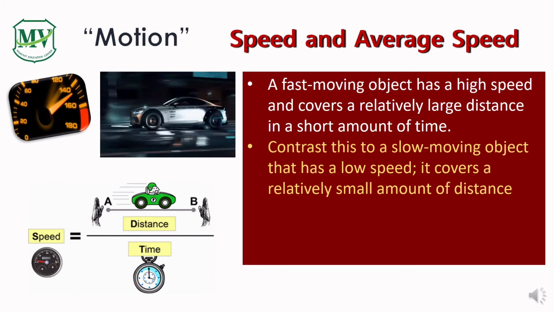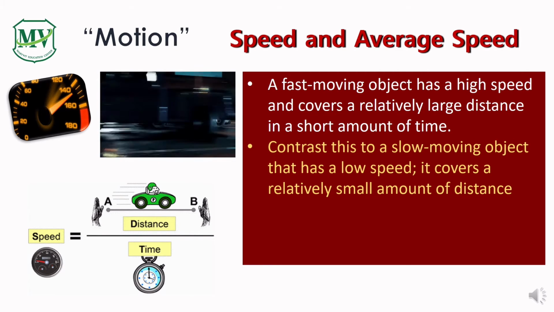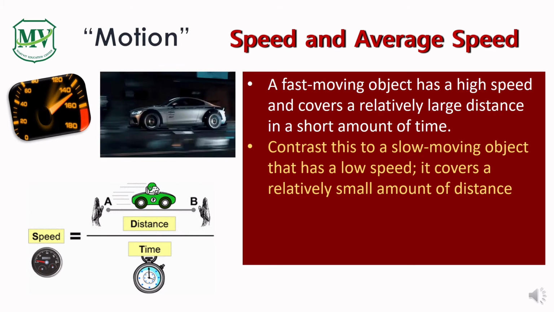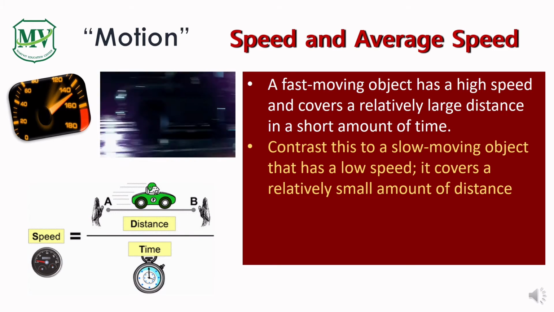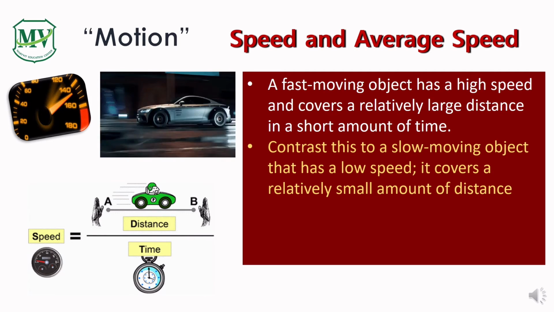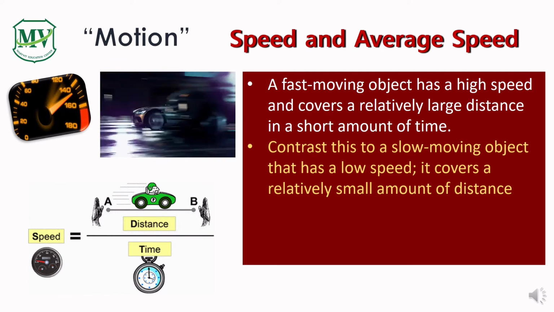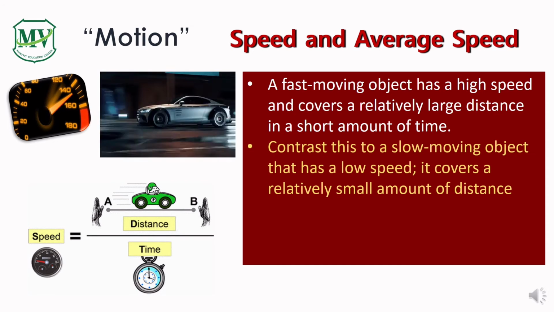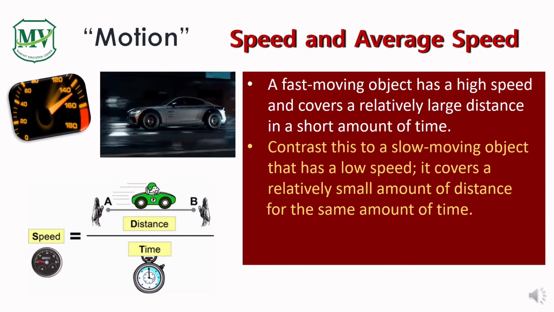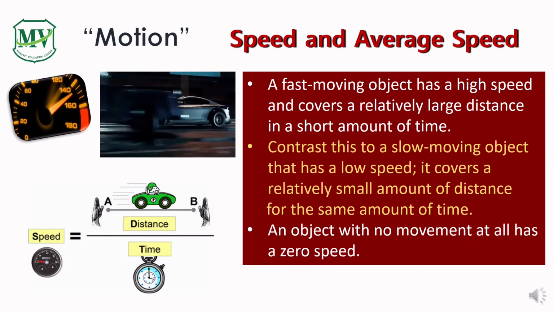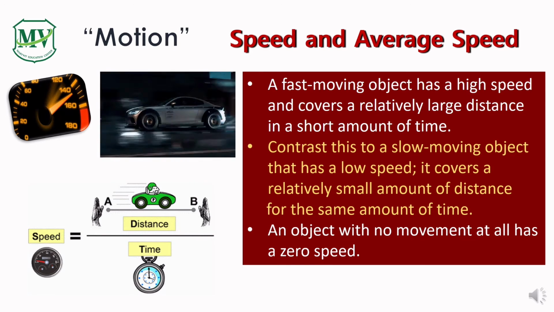Now, a fast-moving object has a high speed and covers a relatively large distance in a short amount of time. Contrast this to a slow-moving object that has a low speed and covers a relatively small amount of distance for the same amount of time. An object with no movement at all has zero speed.